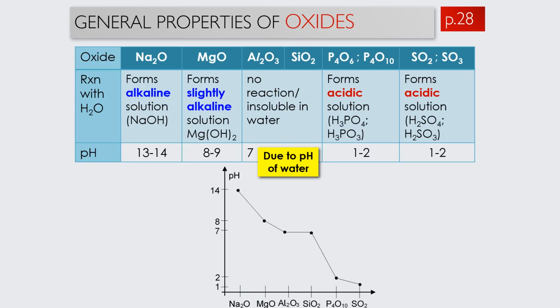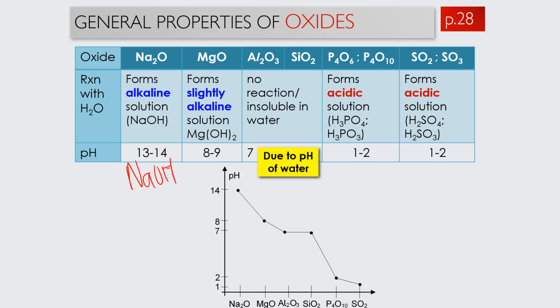This graph here shows the pH of the resulting solution when the period 3 oxide reacts in water. So for sodium oxide, it reacts vigorously to form NaOH, and therefore the resulting solution has very high pH of 13 to 14.